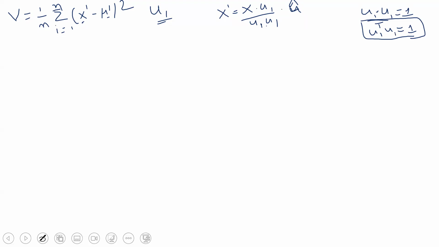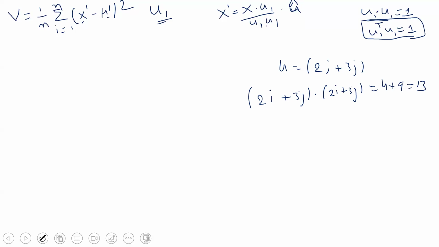If you don't understand these two things, let me do a dot product for two vectors and show you. I'm taking a vector u as 2 comma 3, that is 2i plus 3j. If I do a dot product between these two, what will I get? 2i plus 3j dot 2i plus 3j becomes 4 plus 9, that becomes 13. Now if I want to represent this in matrix form, this is u, the column form of a vector.